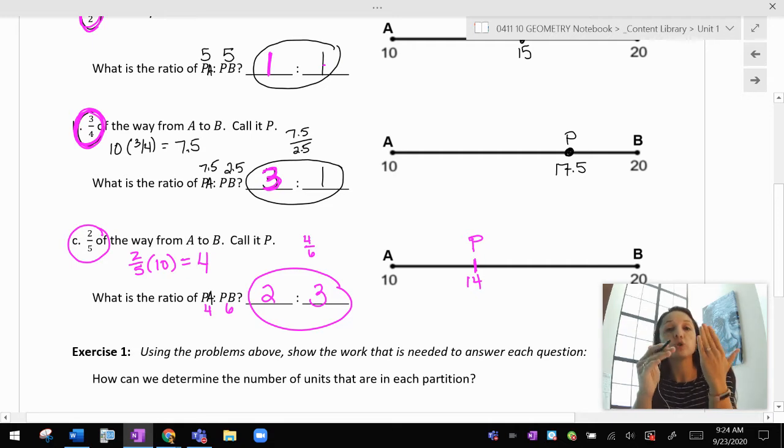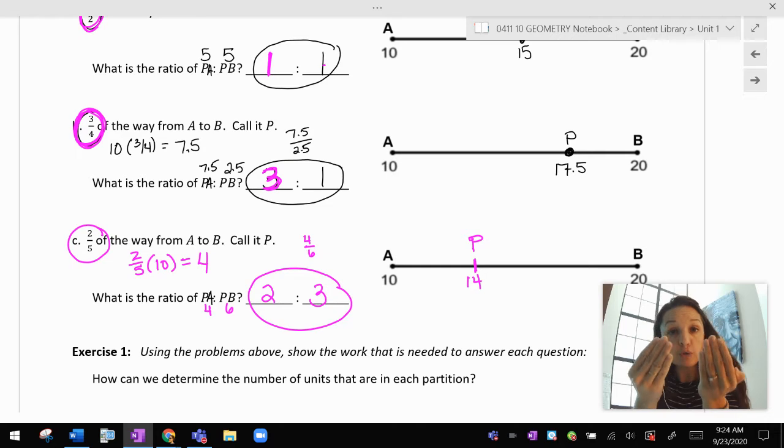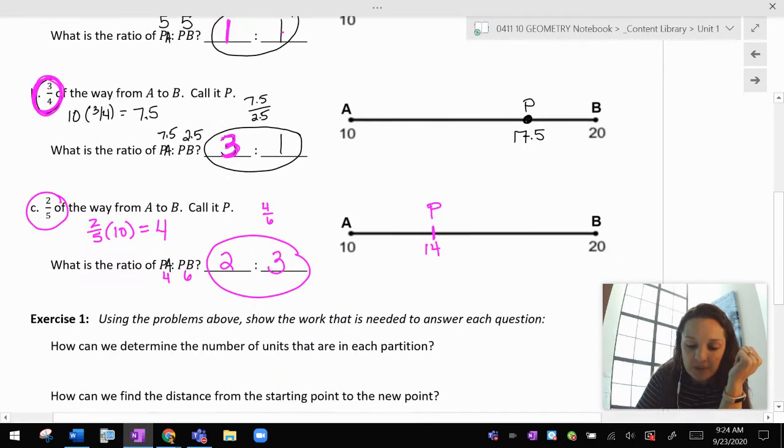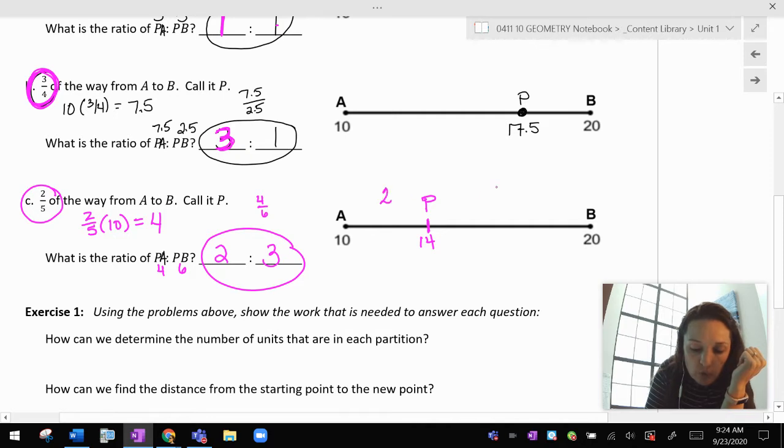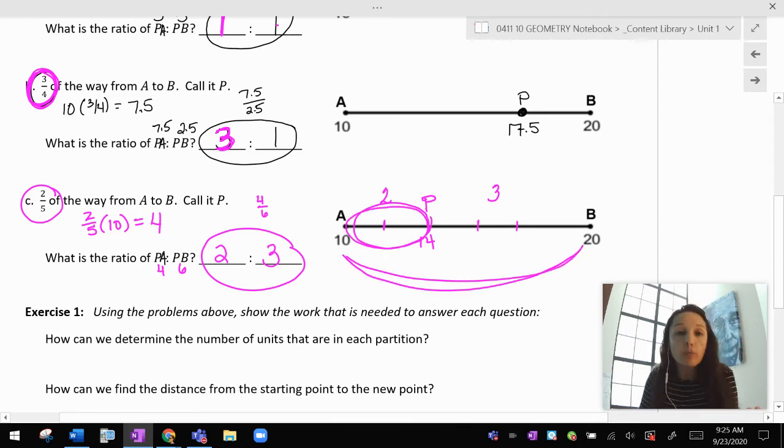When you look at the ratio of part to part, the fractional distance is the first part over the sum of the two parts of the ratio. If this is split in a ratio of 2 to 3, this side has 2 equal parts, that side has 3 equal parts. So this is 2 of 5 total parts. That's where the 2/5 comes from.